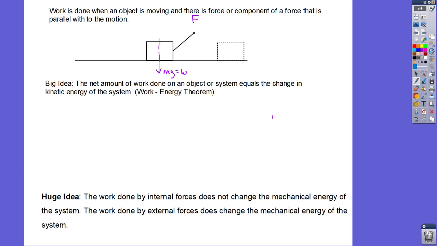We'll have a normal force going in that direction, and the box is moving this way. So it moves a distance d. And since friction is present, there will also be a frictional force.